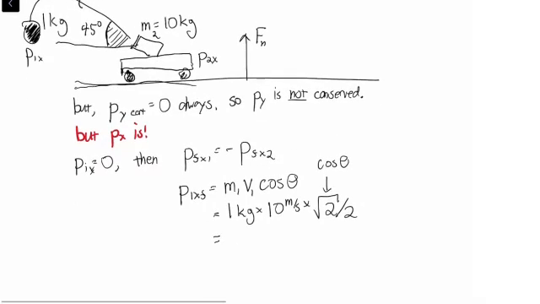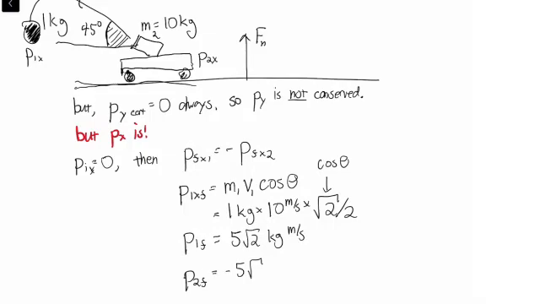So this ends up being 5√2 kilogram meters per second. So that's P1F. So P2F is minus 5√2 kilogram meters per second.